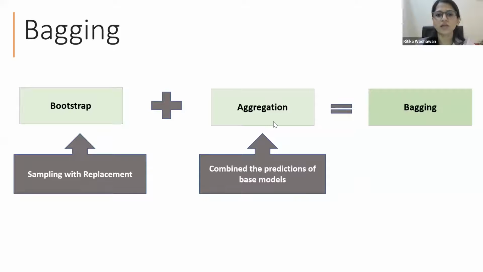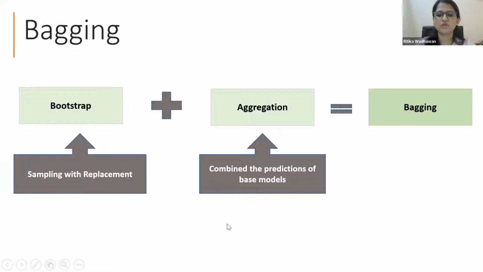From model 1 to model n, if you recall the figure from the previous slide, all those models would be running at the same time. They would be predicting certain values, and then an aggregation is applied to get a final prediction.